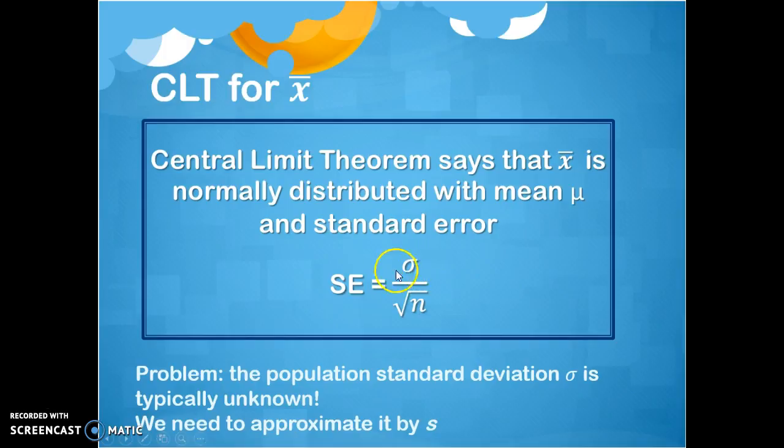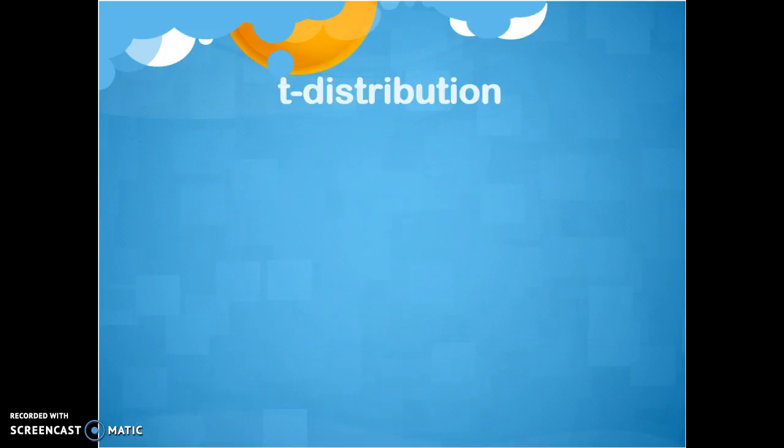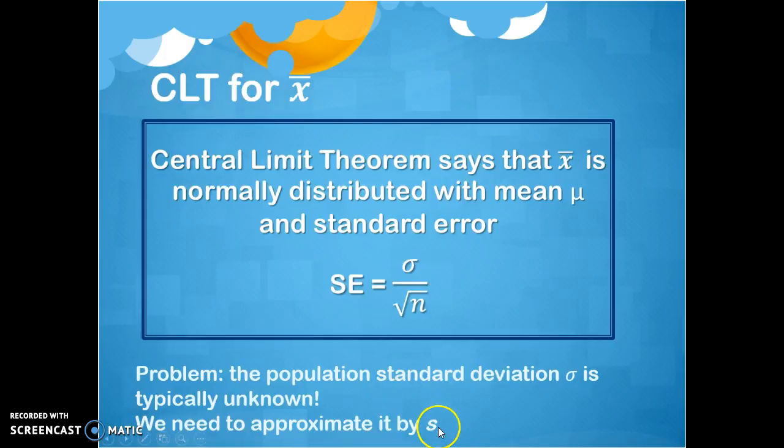So we don't have the population standard deviation, so we need to estimate that. How do we estimate that? By taking the sample standard deviation, just like you've already done with your descriptive statistics. You get a sample standard deviation and a sample size.